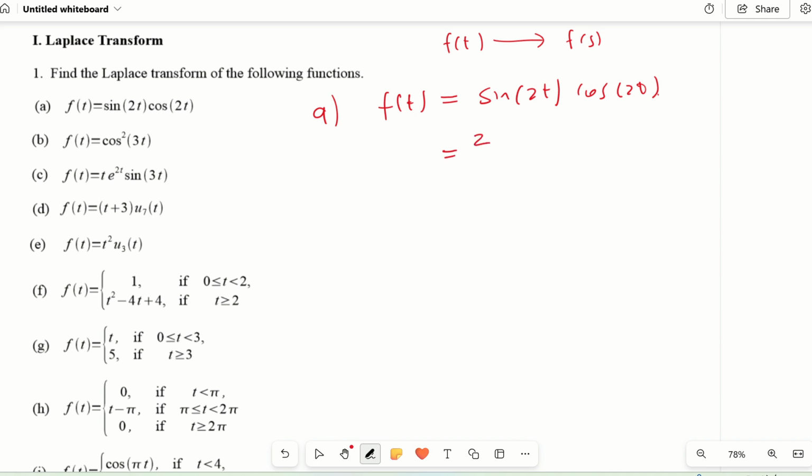So we're going to multiply that by 1, of which we didn't change anything, sine 2t cos 2t, and you'll be left with half sine 2t cos 2t.